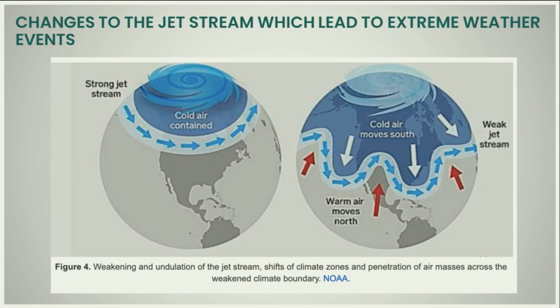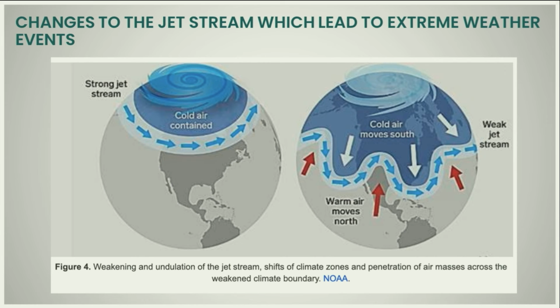Now what's happening now is that wind has slowed down. And the reason it's slowed down is that it's driven by the temperature difference between the Arctic air and the tropical air. And that temperature difference is decreasing because, as we showed, the Arctic is warming 3 times as fast as lower latitudes.